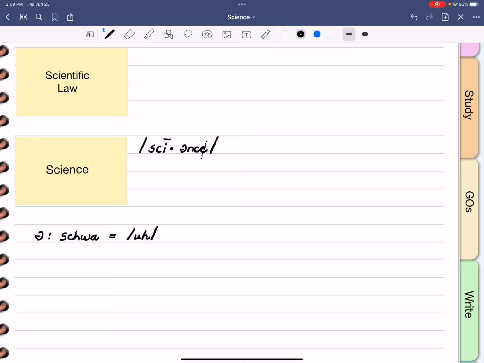I would encourage you to practice clapping the syllables. What I mean by that is as I read the word science, I'm clapping my hands. For someone like me who is dyslexic, that was incredibly helpful with spelling and reading.